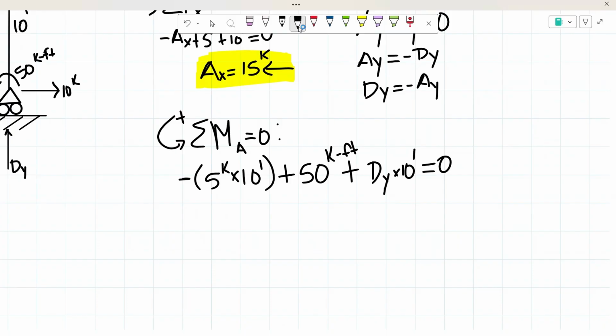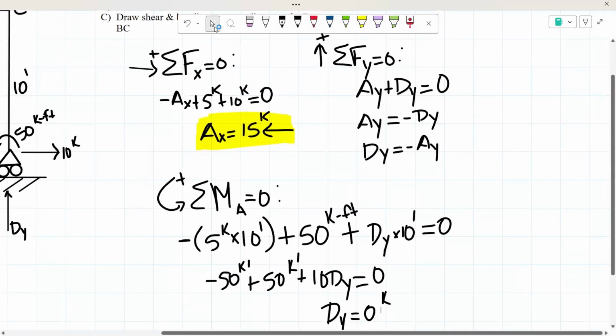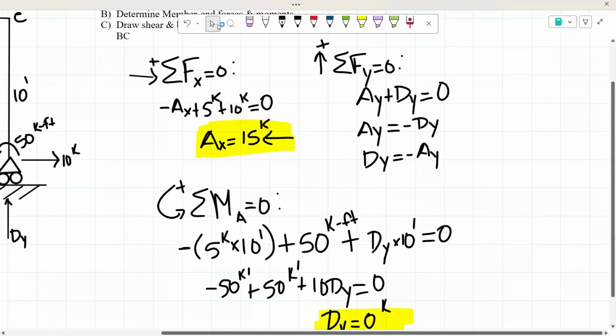So as you can see, we would end up getting negative 50 kip feet plus positive 50 kip feet plus 10 D sub y is equal to 0. So if we were to solve for D sub y, we would end up getting that D sub y is equal to 0 kips, meaning that our A sub y will also be equal to 0.